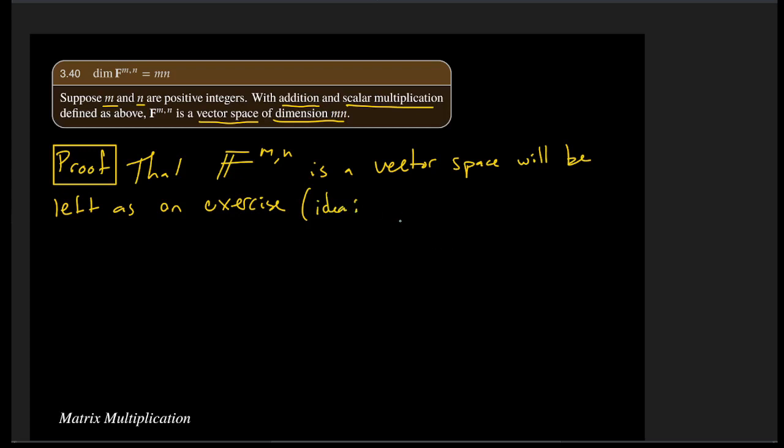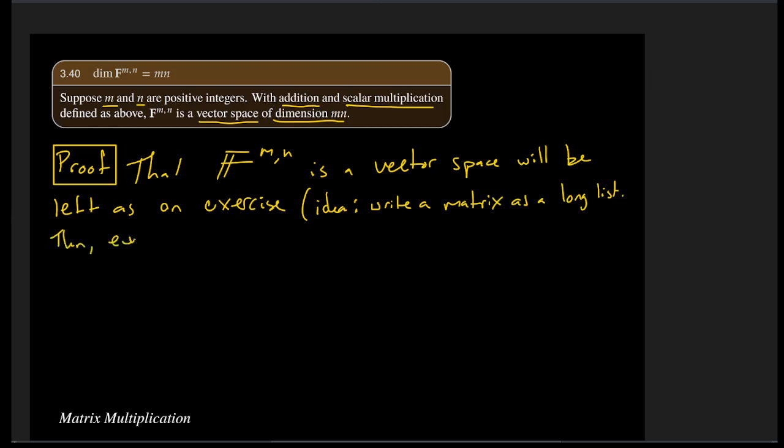Here's the idea of it. You can go through and procedurally check all of these things, but the idea is to write a matrix as a long list.